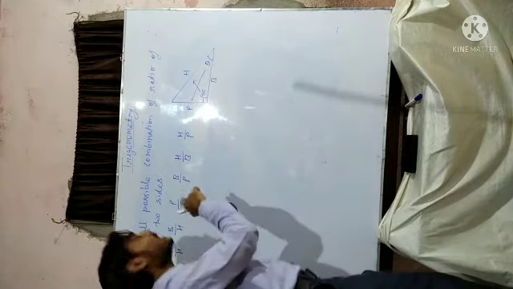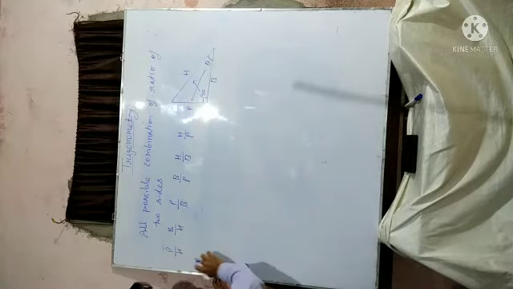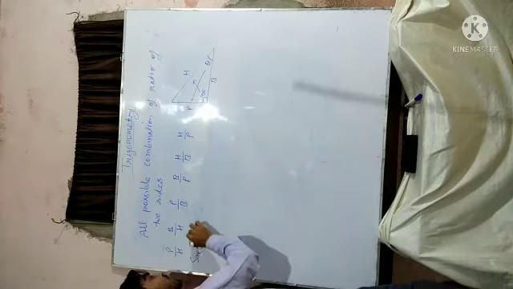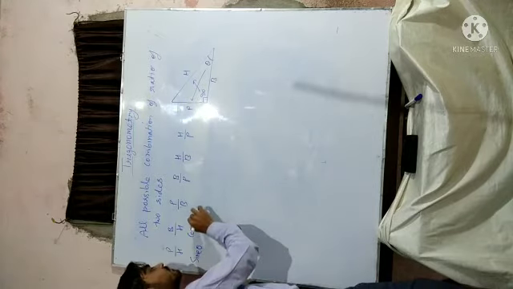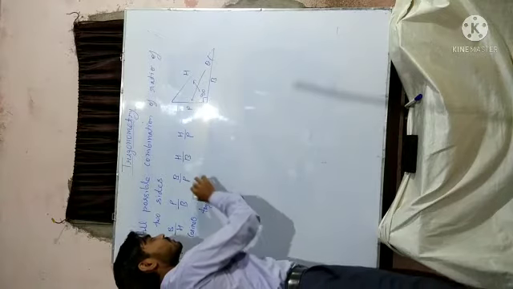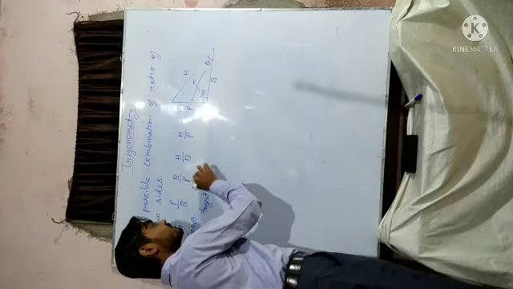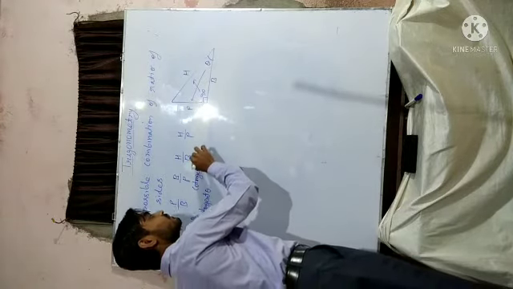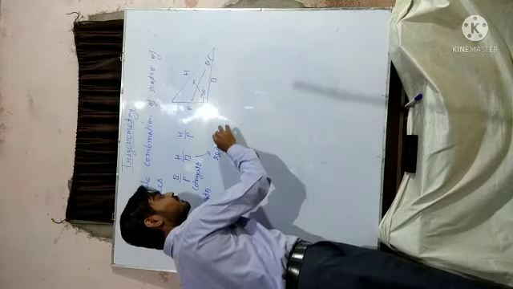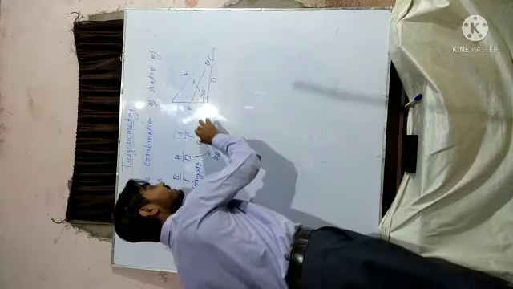And in trigonometry such ratios can be represented by sine theta, cosine theta, tangent theta, cotangent theta, secant theta, and cosecant theta.